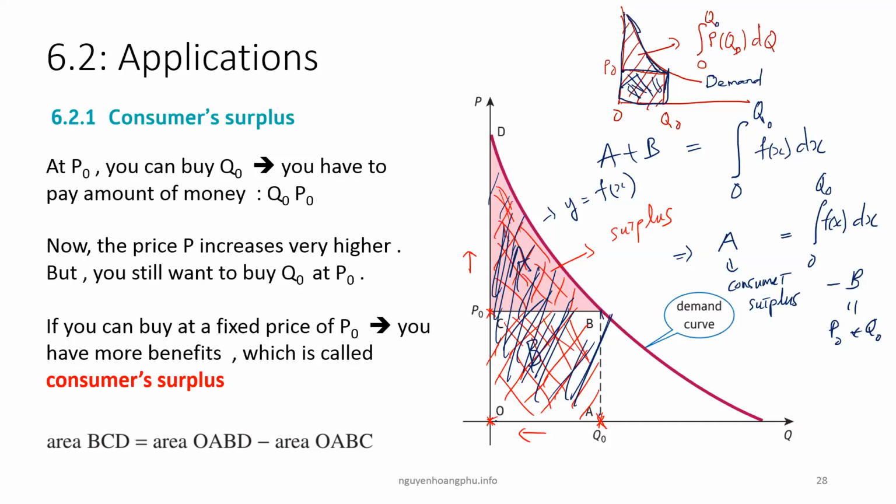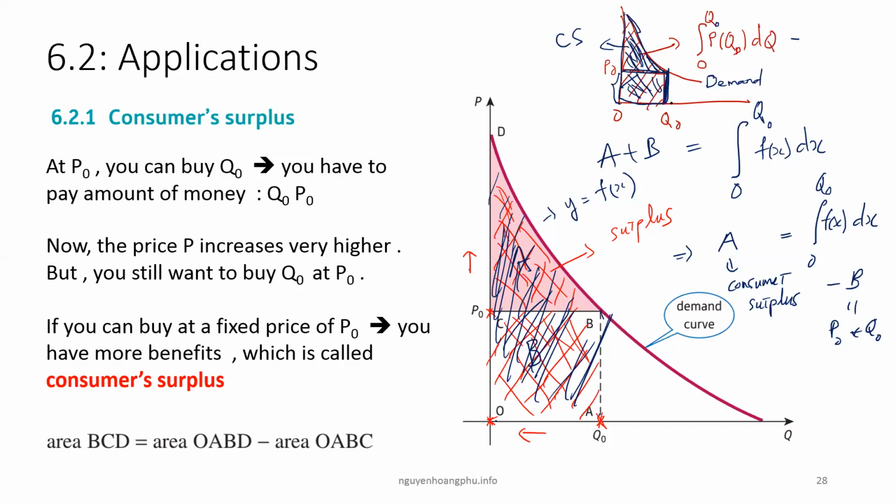Nhưng mà cái phần diện tích hình vuông này nó là cái giá trị mà thực tế theo cái demand này, cái giá trị xứng đáng được hưởng của khách hàng. Chỉ có cái phần hình tam giác, gần như hình tam giác này thôi, thì nó mới là cái phần thặng dư ra mà khách hàng được hưởng, thì nó chính là CS ở đây. Thế thì CS ở đây thì nó sẽ bằng tổng cái diện tích này trừ đi cái hình chữ nhật, đúng không? Như vậy là trừ đi hình chữ nhật thì nó bằng P0 nhân Q0.